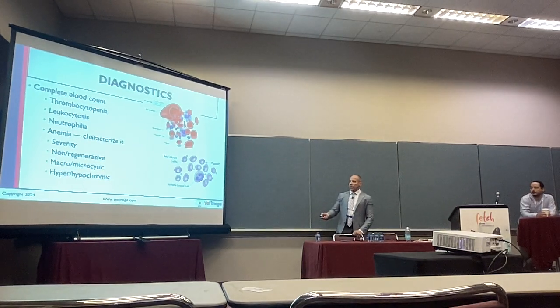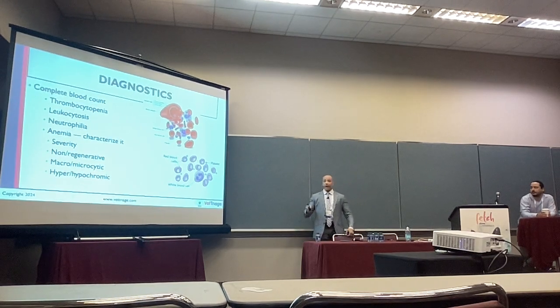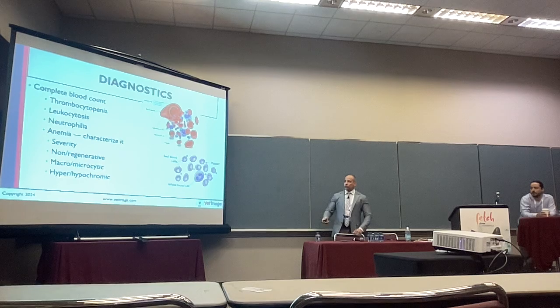Severity, is it non-regenerative or regenerative? Is it macrocytic, microcytic? Is it hypochromic? These characteristics may help you figure out what condition you're talking about in your overall picture of working up a hemoabdomen. Certainly there could be some overlap with conditions and these parameters, but even just for medical record purposes, make sure you characterize the anemia.